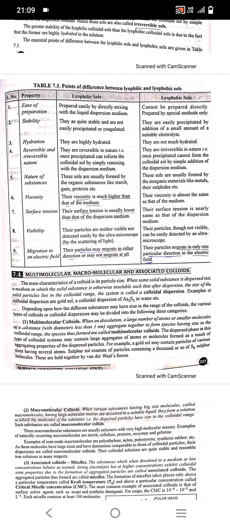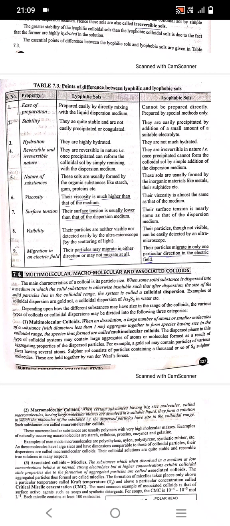First, lyophilic sols. They are prepared easily by direct mixing with the liquid dispersion medium. They are quite stable and are not easily precipitated or coagulated. They are highly hydrated. They are reversible in nature. Once precipitated, they can reform the colloidal sol by simple remixing with the dispersion medium. These sols are usually formed by organic substances like starch, gum, protein.